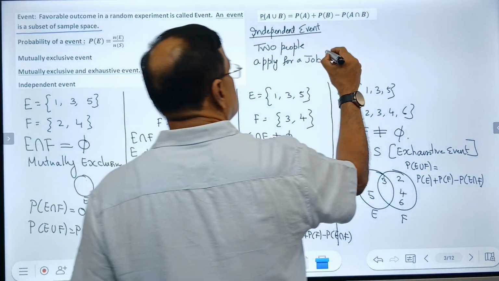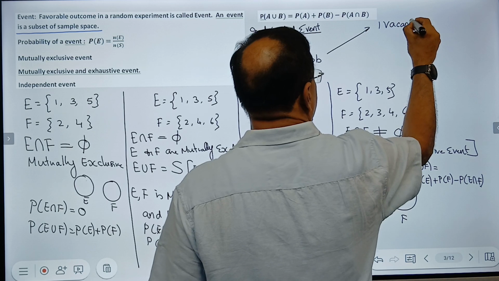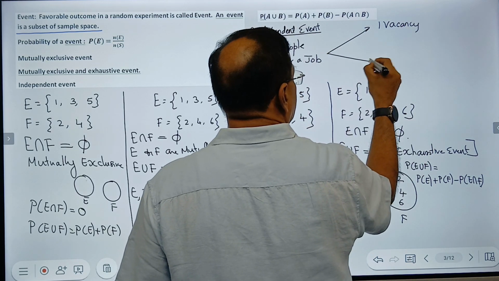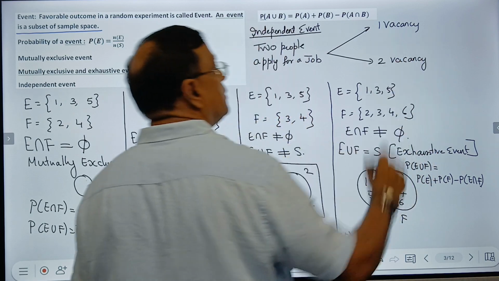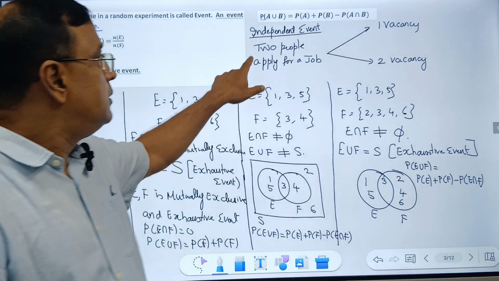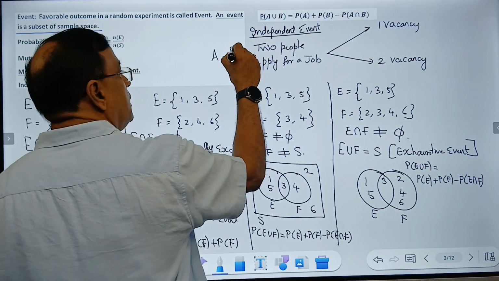One situation is there is only one vacancy. In the other case, there are two vacancies. If two people are applying, let us name them A and B.